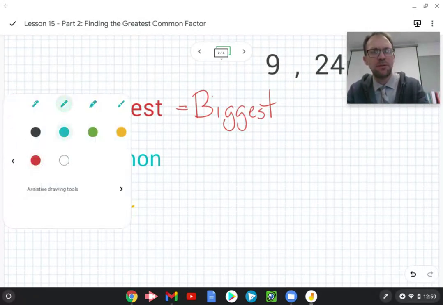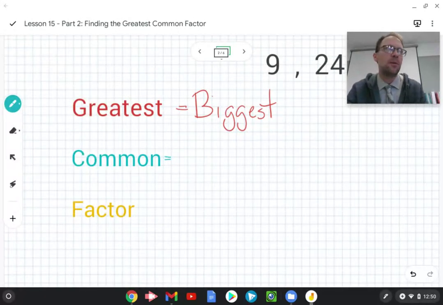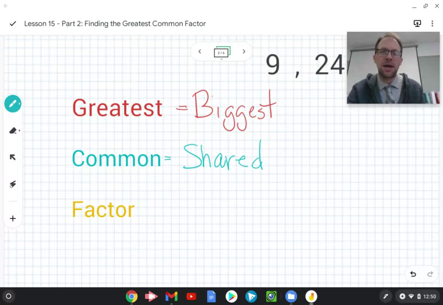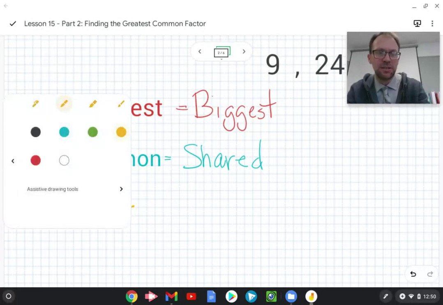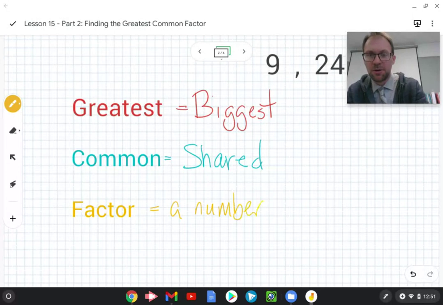The word common here means shared. Something that two things have in common, right? You share it. And factor here, of course, is a number that you multiply to get another number.